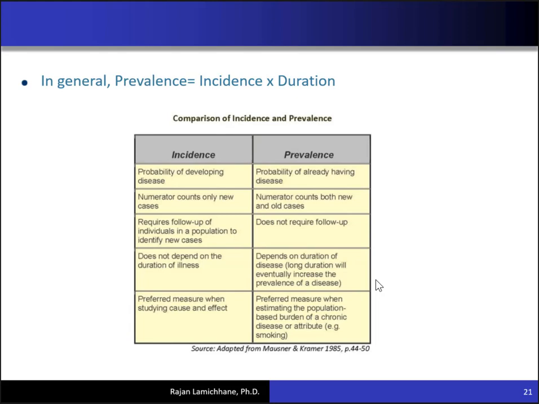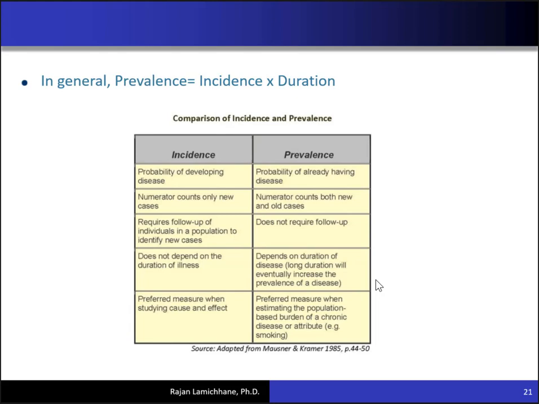Incidence requires follow-up of individuals in a population because we need to identify the new cases. Without follow-up, new cases couldn't be identified. For prevalence, it is not always necessary to have follow-up, and sometimes all existing cases can also give the prevalence.